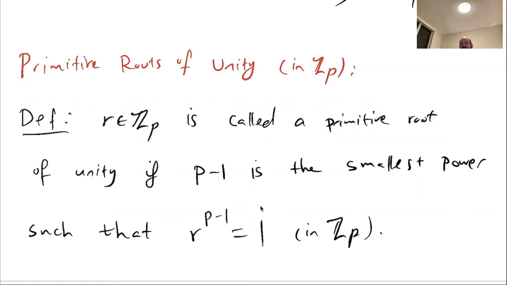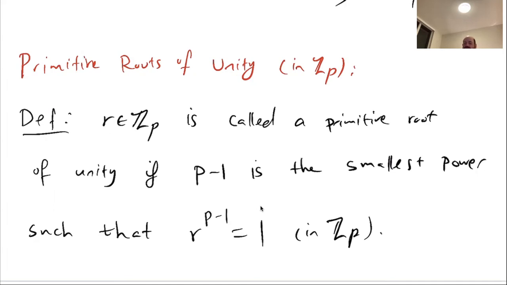So we know that r to power p minus 1, if r is not 0, of course, equals 1 according to Fermat's little theorem. But if p minus 1 is the smallest power that r to that power equals 1 in ZP, then we say r is a primitive root of unity. Now, unity means 1.